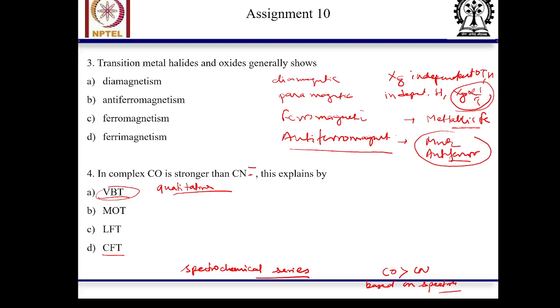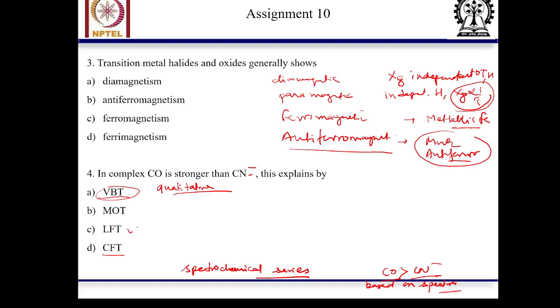So basically we make the complex, take the UV-visible absorption spectra, see what the delta value is, and from there we say that CO has a higher crystal field splitting than CN minus, that's why it's a stronger field ligand. But it hasn't told us why CO is a stronger field ligand than CN minus.